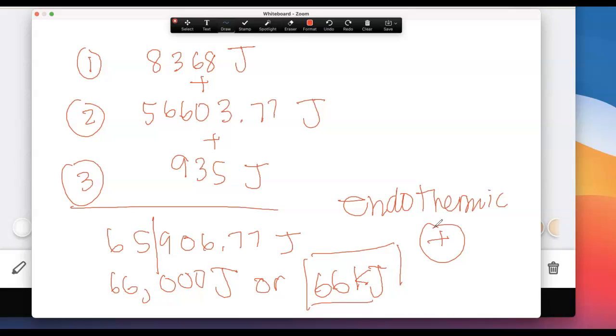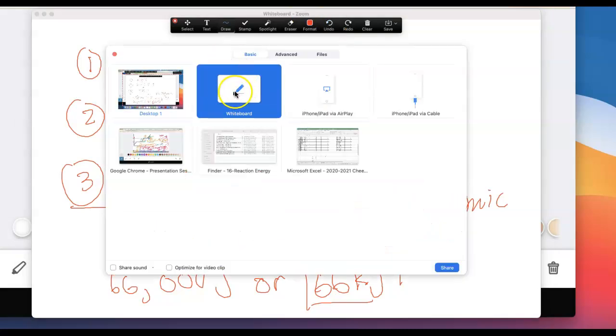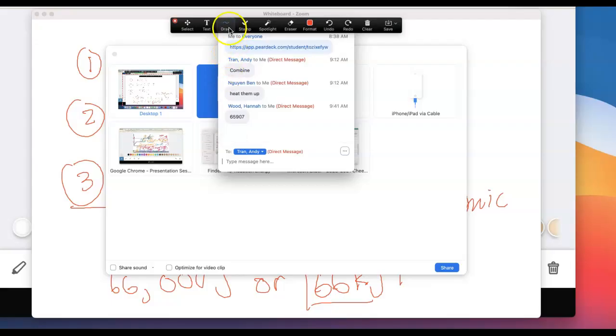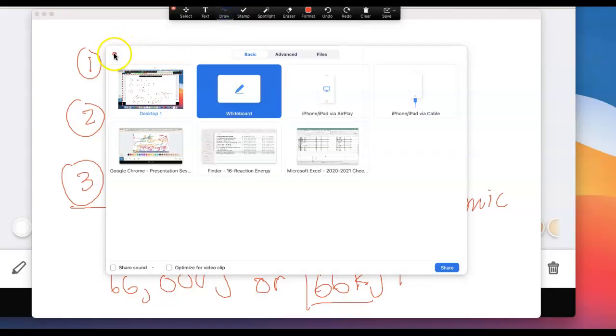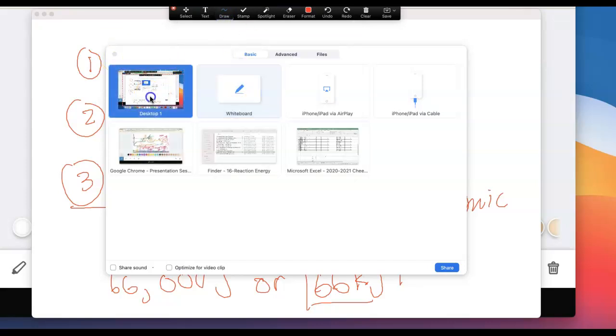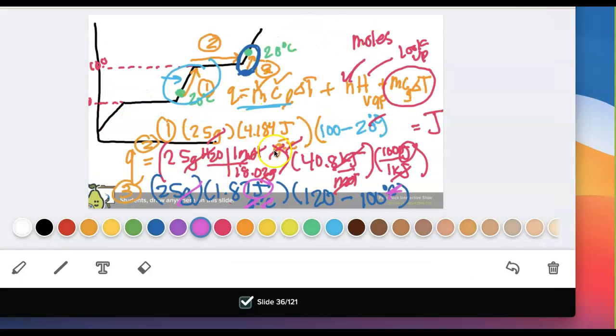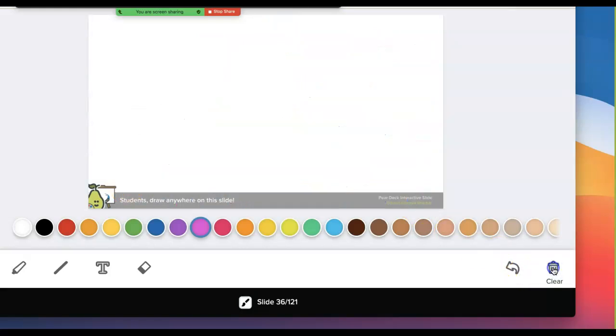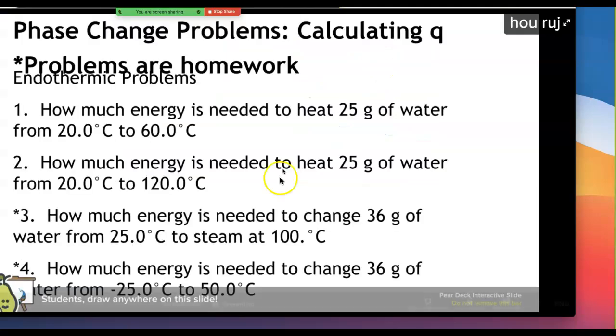I'm going to try one more with you. Last one.